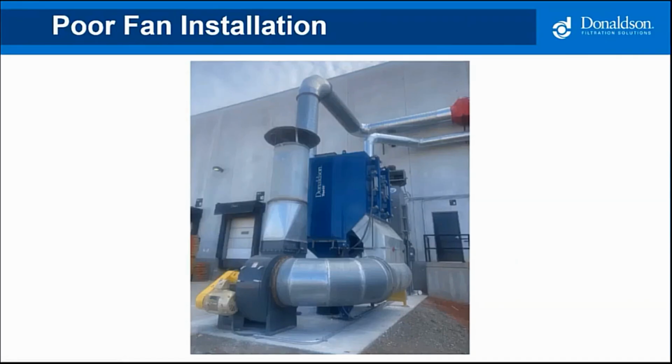I should have a minimum of 3, but preferably 5 diameters of straight run of duct going into this blower. If I can't get that in the spacing, there are inlet boxes that have turning vanes in them that will allow you to load that fan wheel properly.